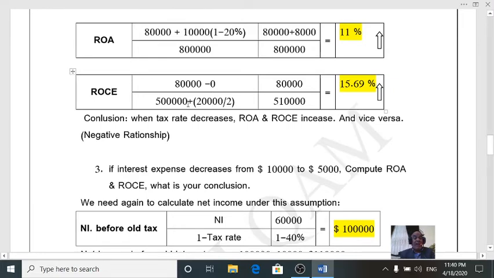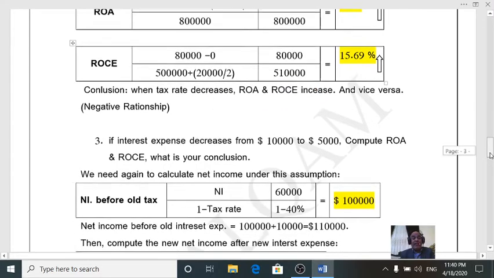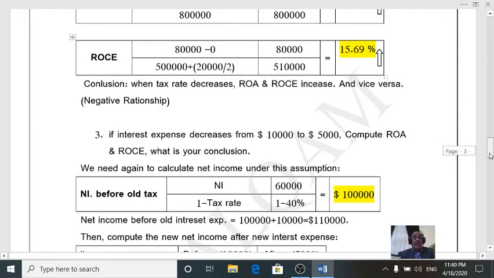If we have a decrease in net income, you should put minus 20,000 over 2. Please put your conclusion, my student. That's right: when tax rate decreases, return on assets and return on common equity will increase, and vice versa. So the relationship between them is a negative relationship.